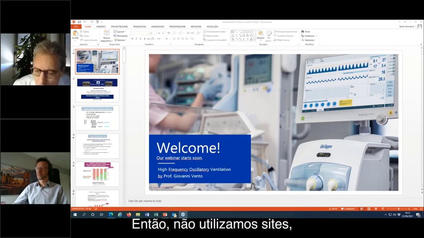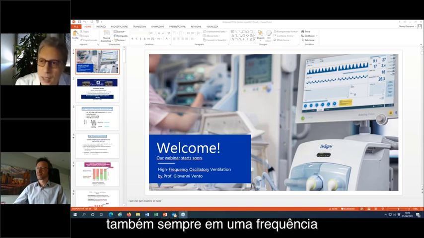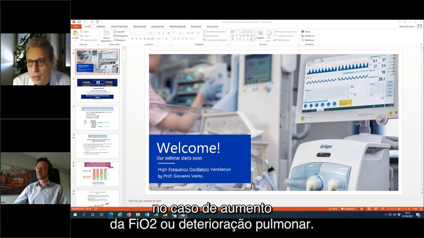So we do not use PSV, but we prefer to re-recruit the lung, also always in high frequency, in case of FiO2 increase or pulmonary deterioration.